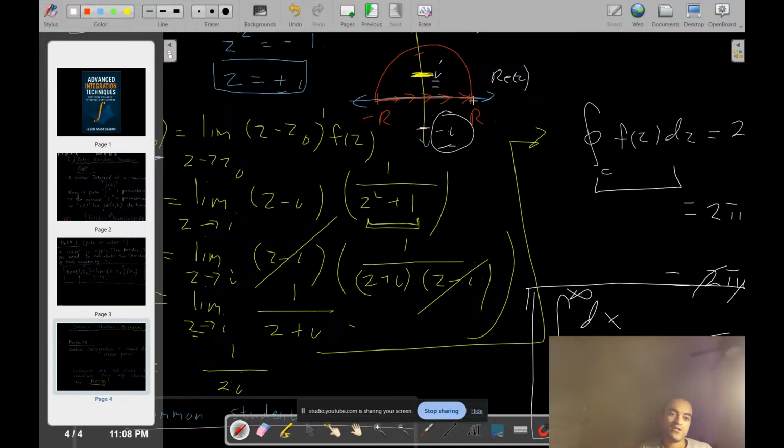So if you had equal and opposite poles, you're only choosing one of them, and usually it should result in either a non-zero value or an infinite, undefined value, I'm thinking, but that's it.